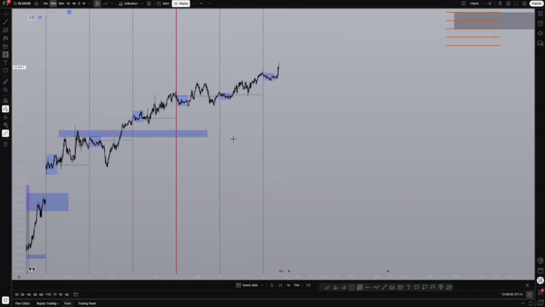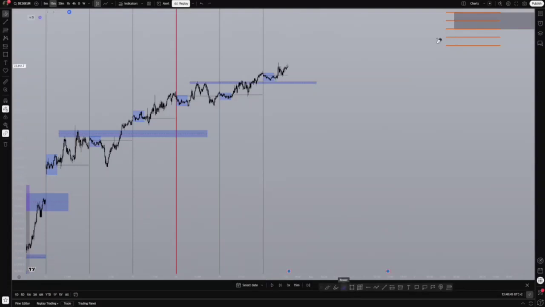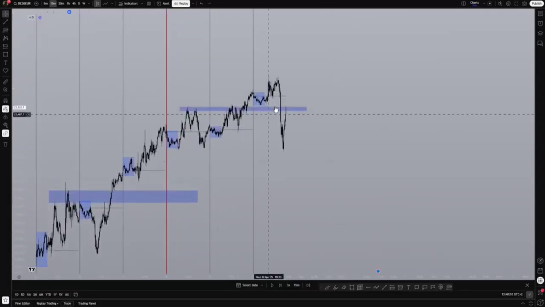So as you can see right here, it would make sense for us to buy right there with a big enough stop. Right, so they took us out.